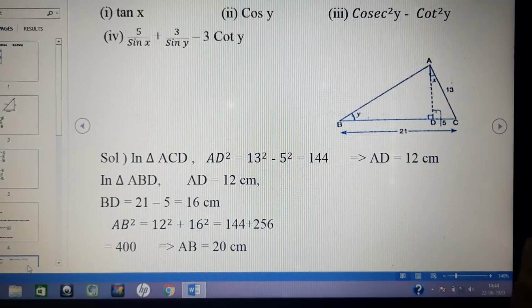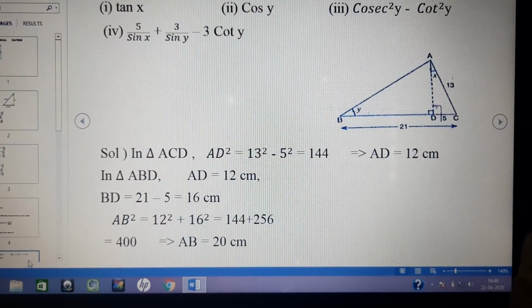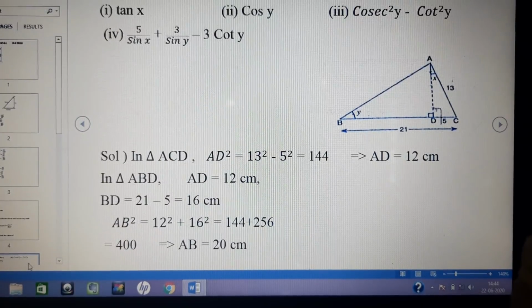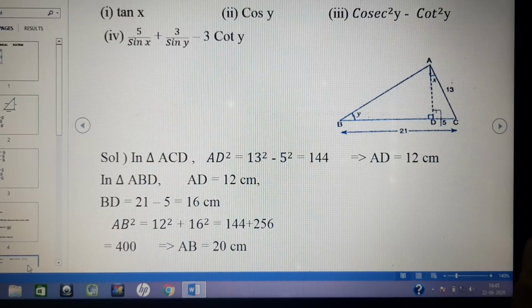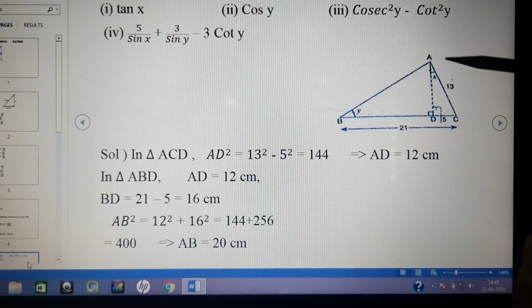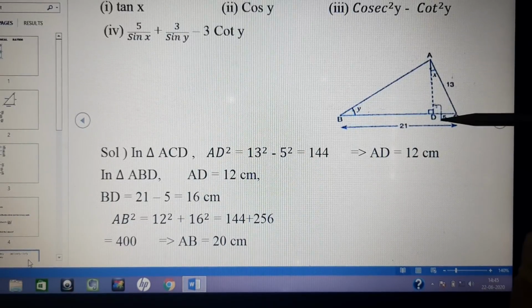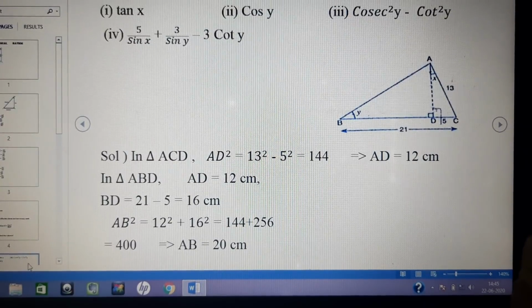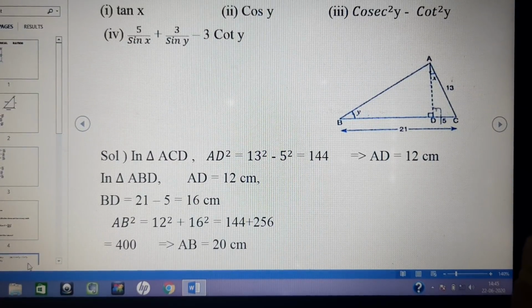So first of all, in triangle ABC which is given, AD is perpendicular and a few of the sides have been given. So with the help of Pythagoras theorem, we will first calculate the missing sides. Clear? So here in triangle ACD, AC is 13, which is hypotenuse, and CD is given 5.